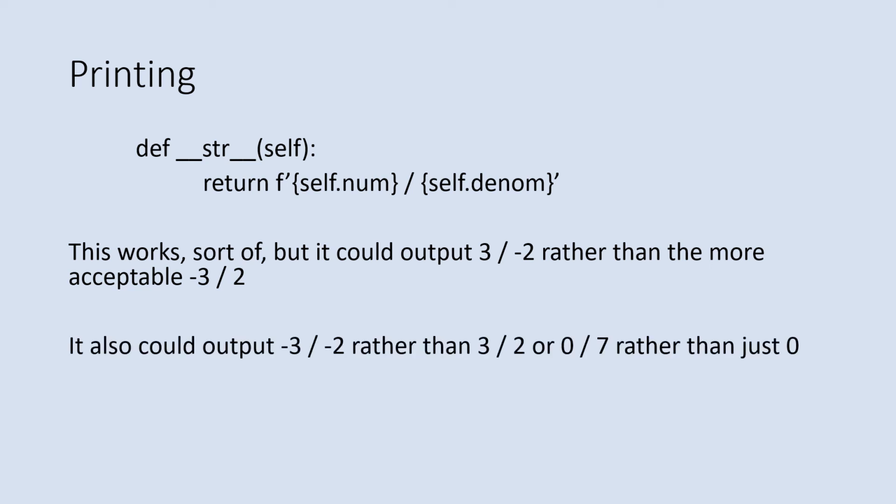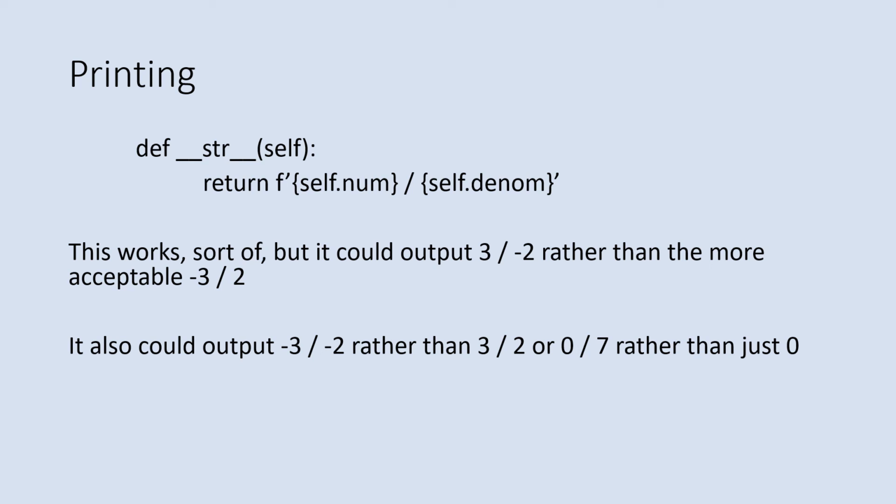And if both numbers were negative, it would output -3/-2 instead of 3/2. Maybe 0/7 rather than just 0. Maybe we want 0/7, or maybe we want to just see 0 when we print a fraction that's equal to 0. And so with the str method, we can do other things to improve that.